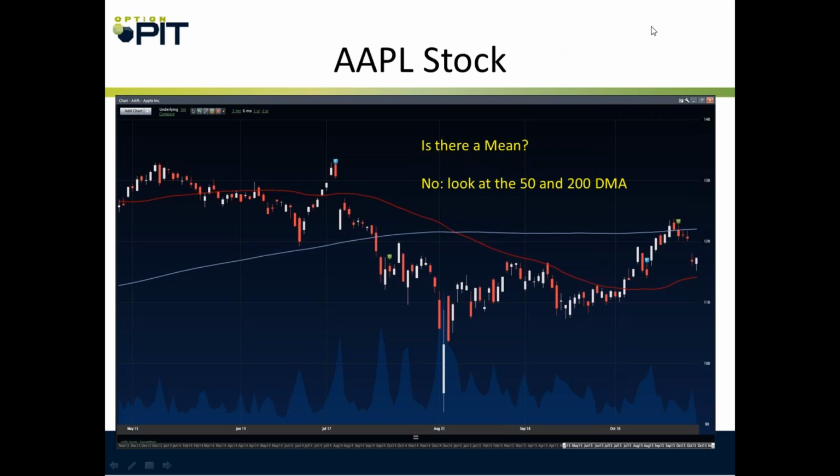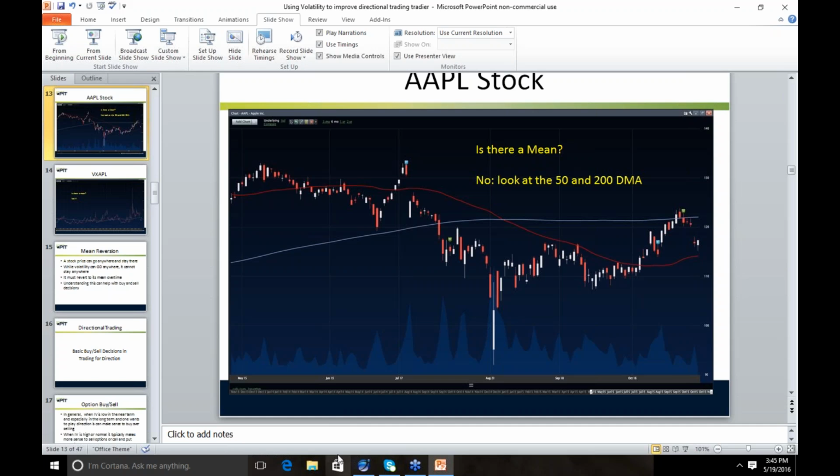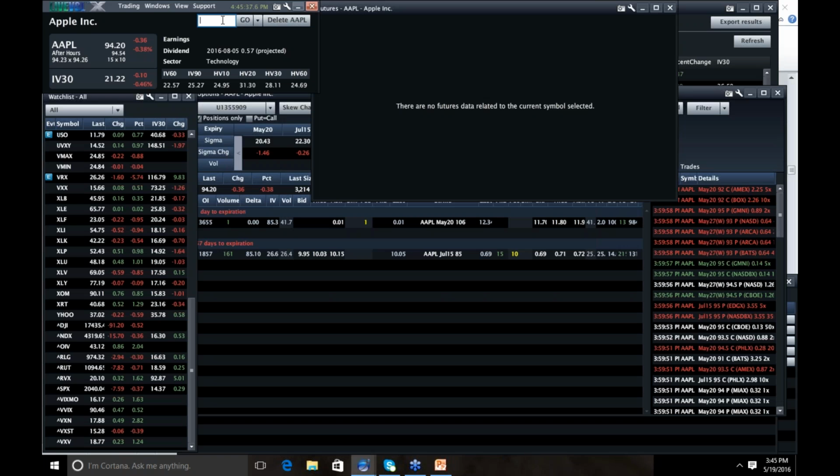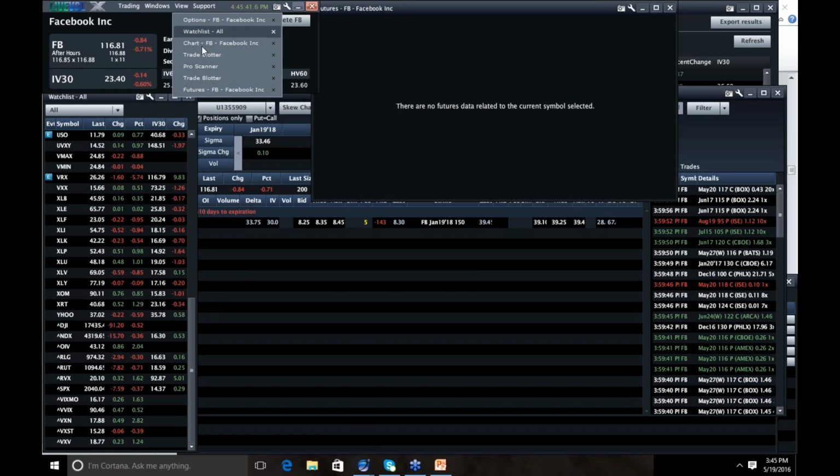So take a look here. This is a chart of Apple. Does it look like it has a mean to it? Not really. All right, if I pull up a Facebook chart or Goldman, does Facebook look like it has a mean?